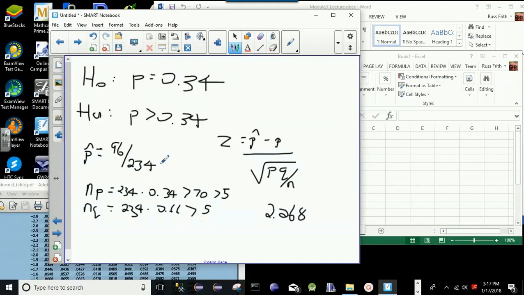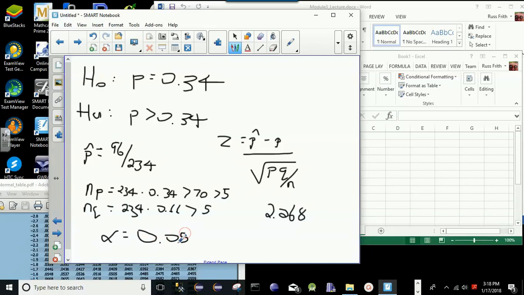All right, now we need to use the p-value method. In the p-value method, this is a one-tailed test at alpha equals 0.05.